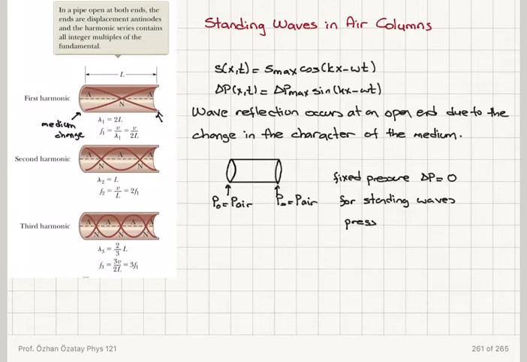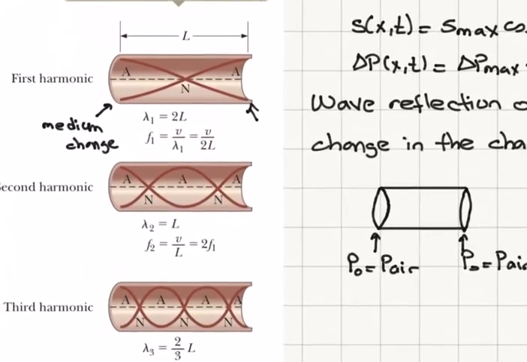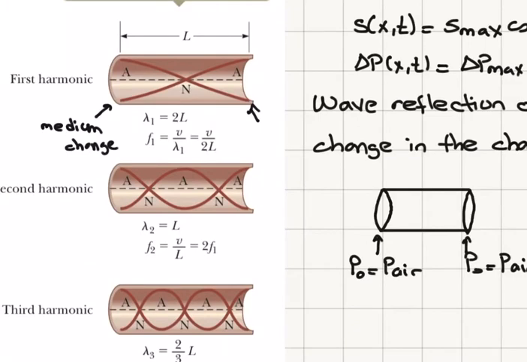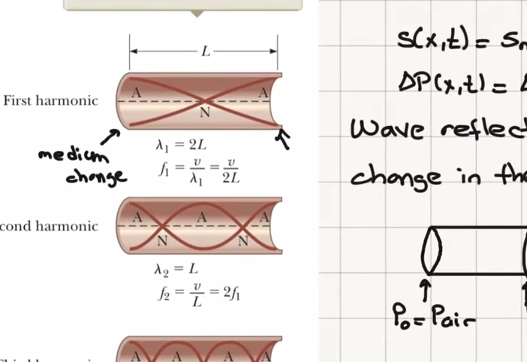And that means we're going to have a pressure node. But because I have this phase difference, delta phi, pi over 2, between displacement and pressure, if you have a pressure node, that means you have a displacement antinode.